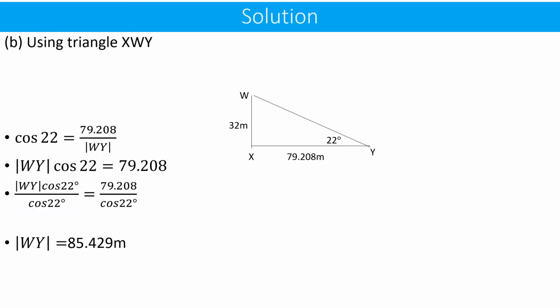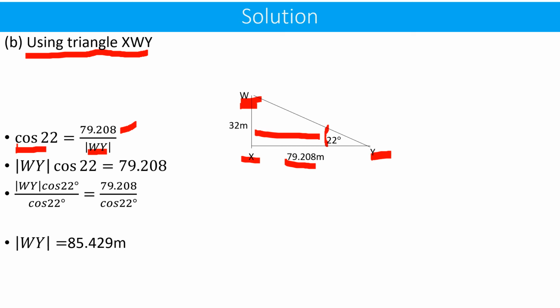Okay, so let's continue with part B. So for B, we still use part of the diagram, using triangle XWY. XY is 79.208, the one that we have calculated. The angle is 22. We use cos, because we are finding WY, which is the hypotenuse. So cos 22 is equal to 79.208 over WY.